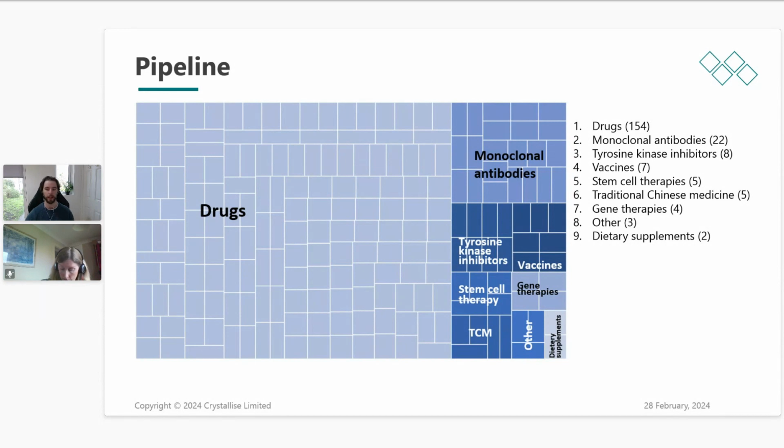Vaccines work in a similar way to monoclonal antibodies. Tyrosine kinase inhibitors work a little bit differently. Generally, they enhance this. This is called phagocytosis, essentially where the white cells engulf the amyloid plaques.